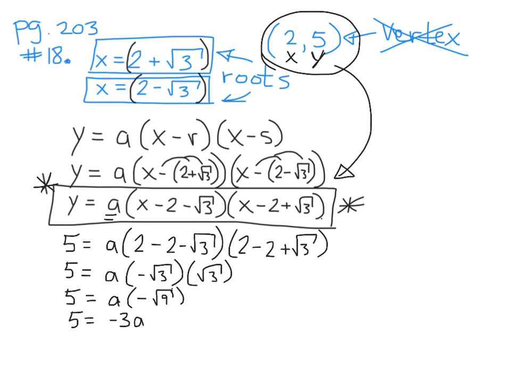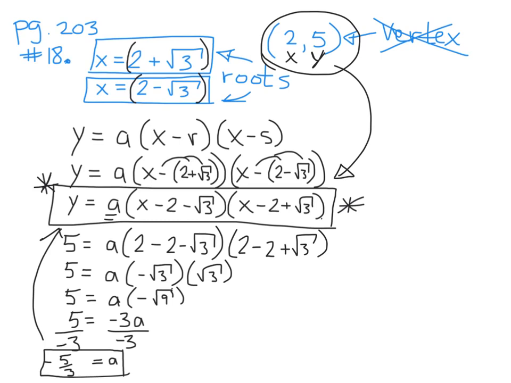That's actually a good thing, because now this is going to be a nice answer. Divide both sides by negative 3, and I get that a is negative 5 over 3. I say it's a nice answer because it doesn't have any radicals in it. So negative 5 over 3, that's my a value. So that's great, because now I have the full equation.